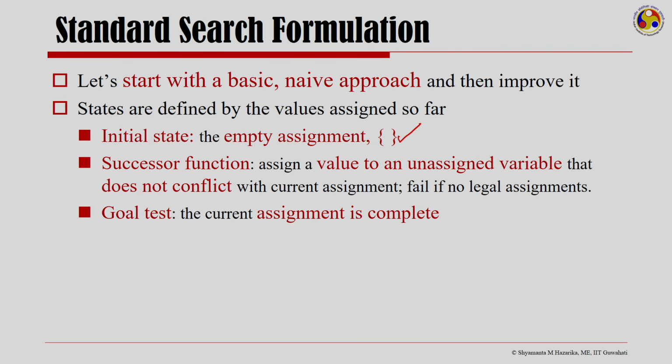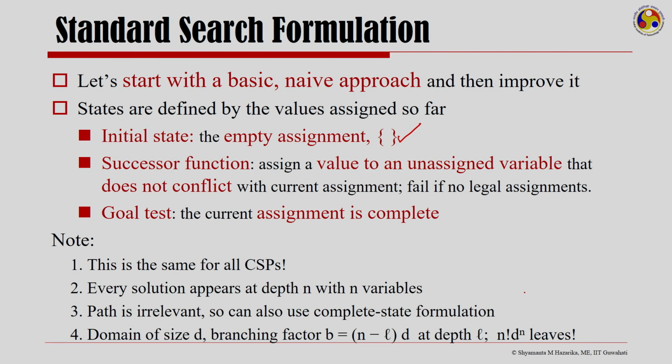The goal test could be if the current assignment is complete. Now, we should note that this is the same for all CSPs. Every solution appears at depth n with n variables. Path is irrelevant, so we can also use complete state formulation.